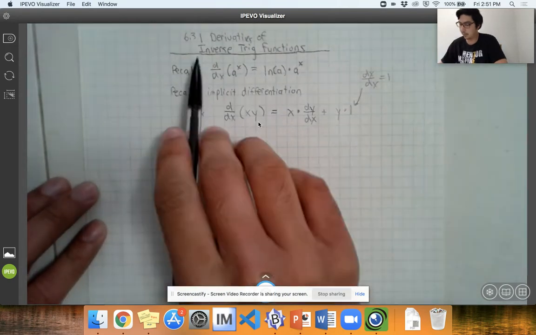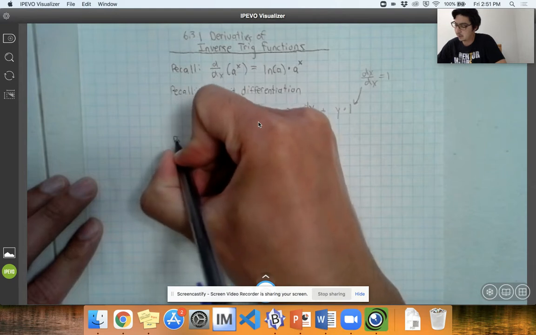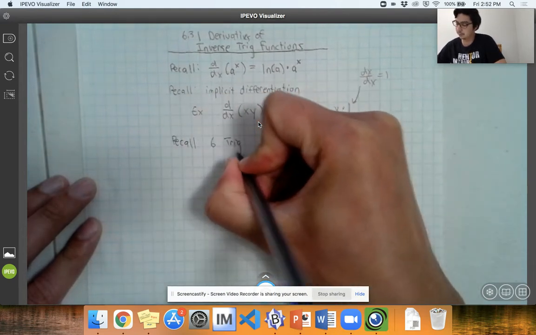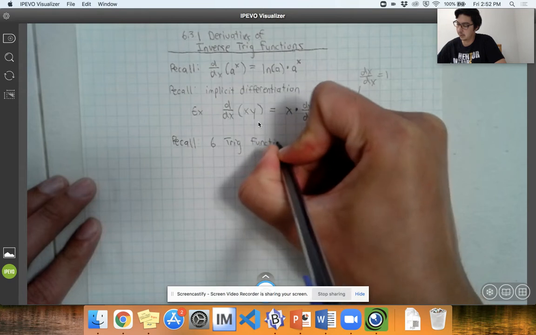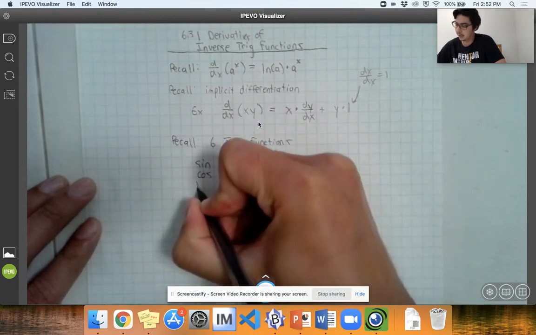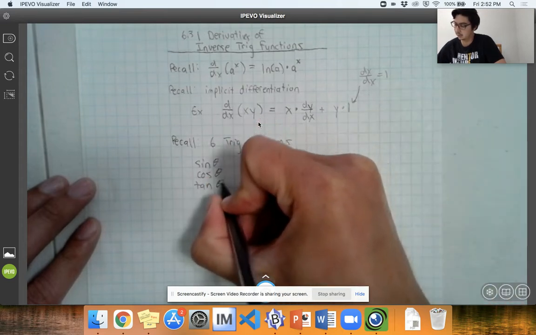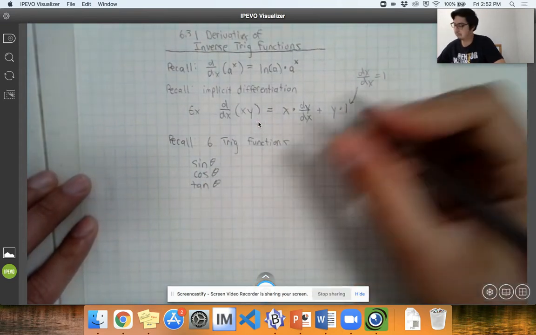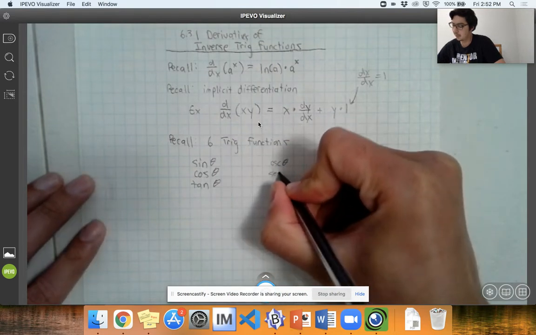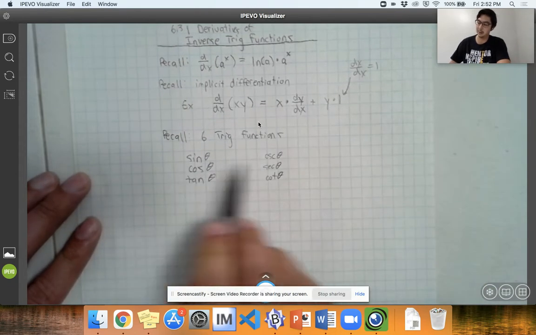Now, before we talk about inverse trigs, you might have forgotten what that is, so let's recall what the trig functions are. So let's also recall there are 6 trig functions. And that is sine, cosine, tangent of an angle, that's theta. And then you also have cosecant theta, secant theta, and cotangent theta, which are, how are those related to this?